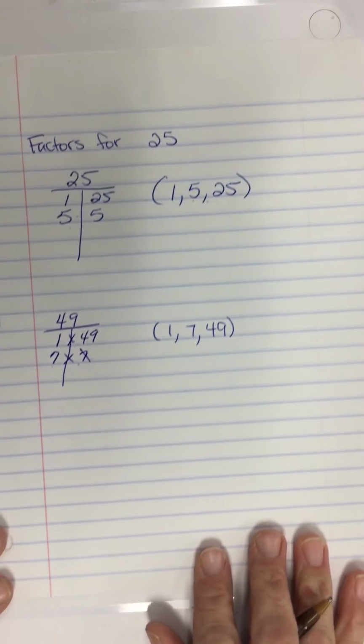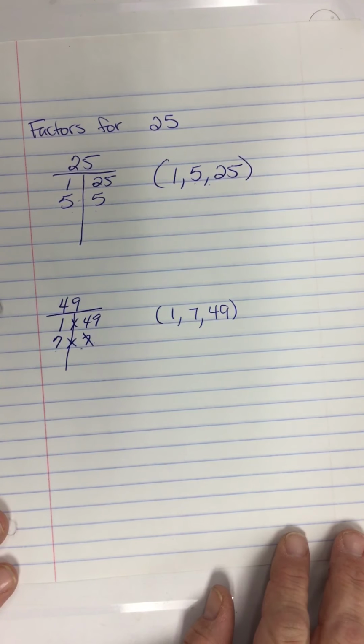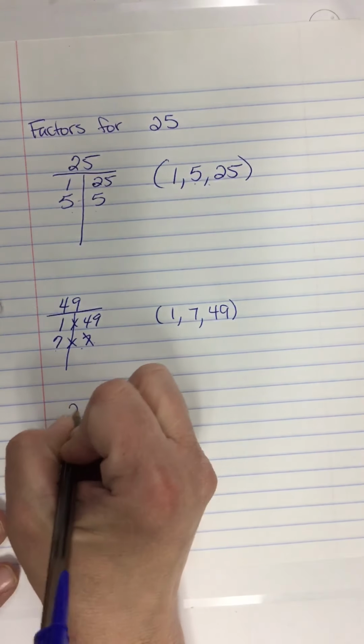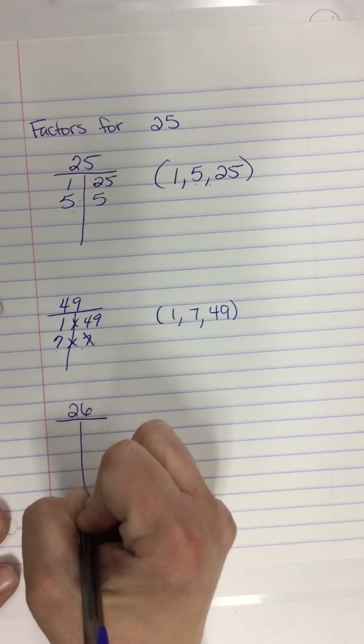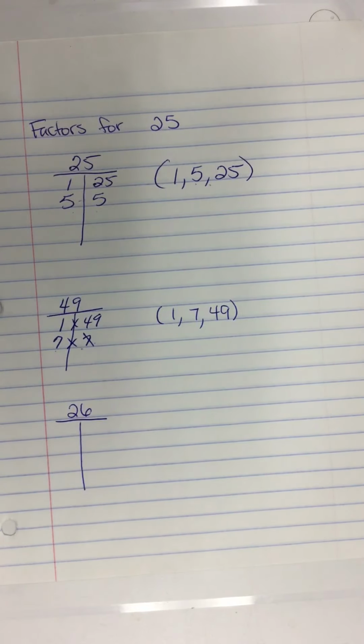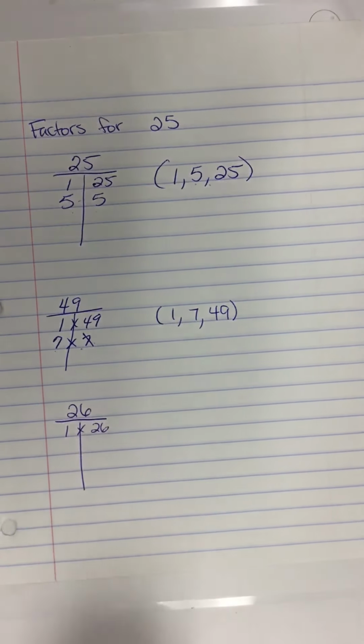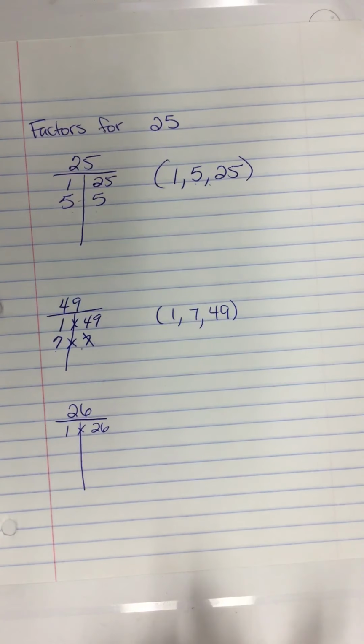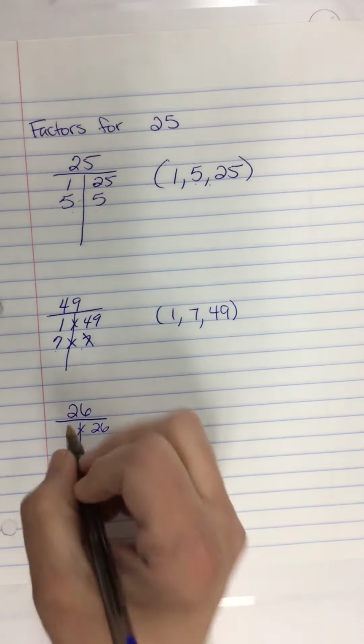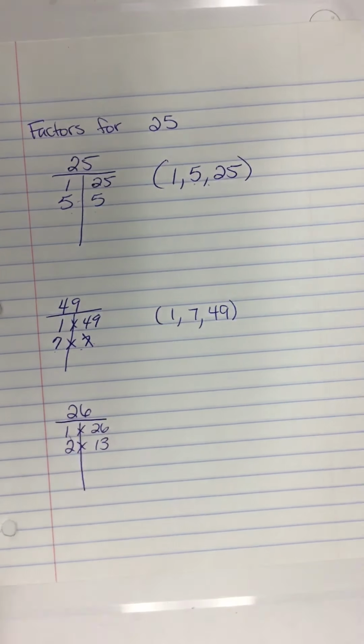Okay, all right. So how about list the factors for 26. List me all the factors for 26. One times 26. 2 times 13. Okay, 2 plus 6 is 8, so 3 doesn't go into it.